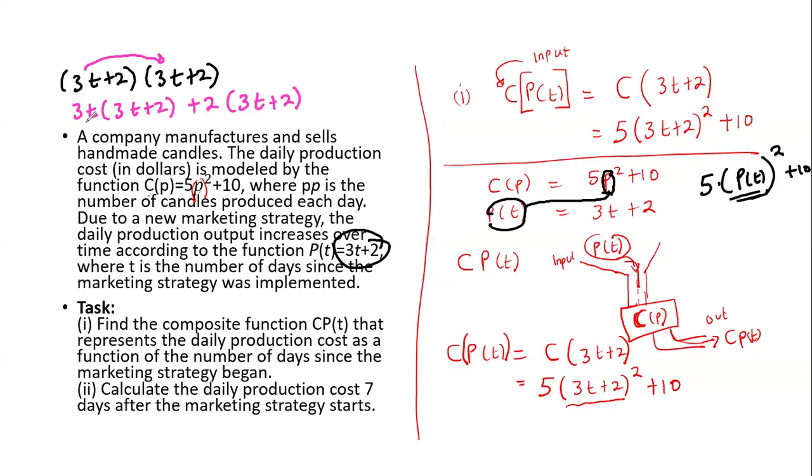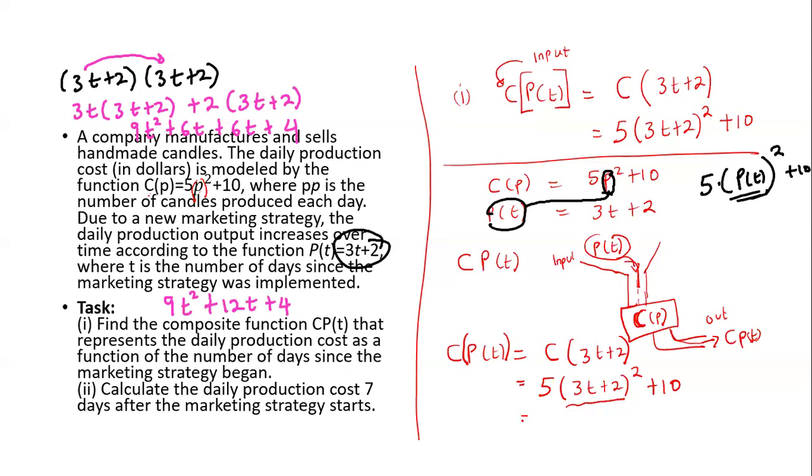So you open your brackets: 3T times 3T gives you 9T squared, plus 3T times 2 gives you 6T, plus 2 times 3T gives you 6T, plus 2 times 2 gives you 4. Now from there, we shall have 9T squared plus 6T plus 6T, which gives us 12T, then plus 4.